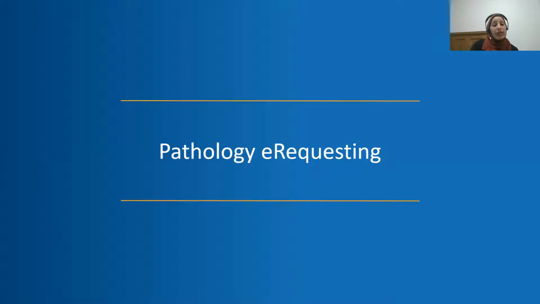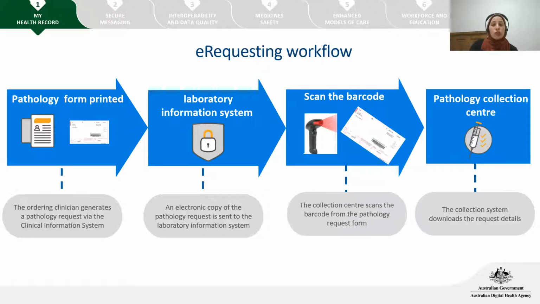Okay, so on to the e-requesting, or the electronic requesting. Here's a quick look at the e-requesting workflow. An e-request is a pathology request that is sent electronically to the pathology lab by the referring provider. When the e-request is generated, a copy is automatically shared with the laboratory's information system.